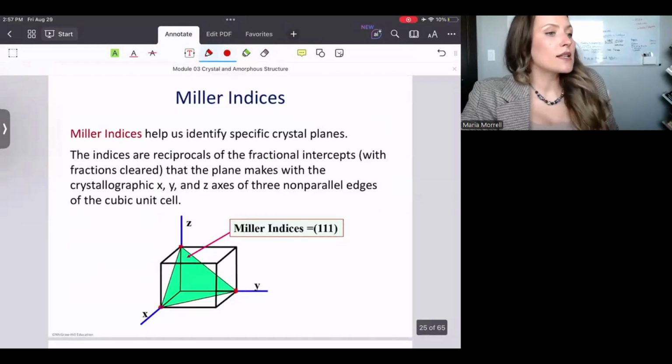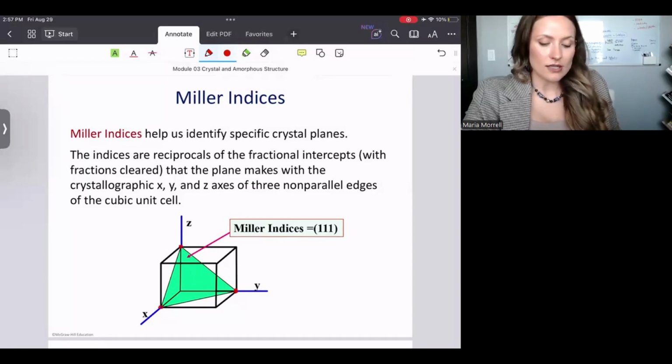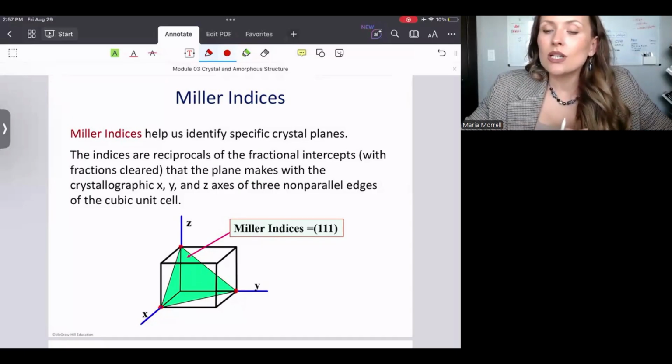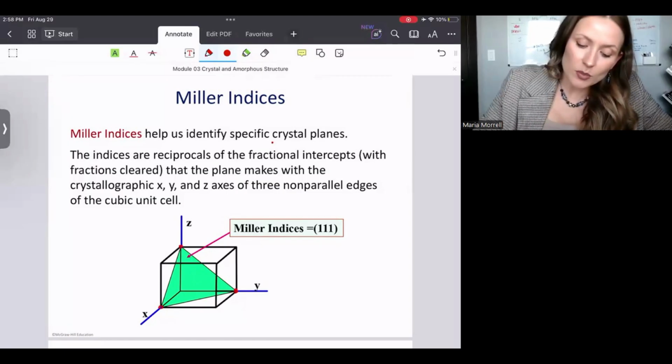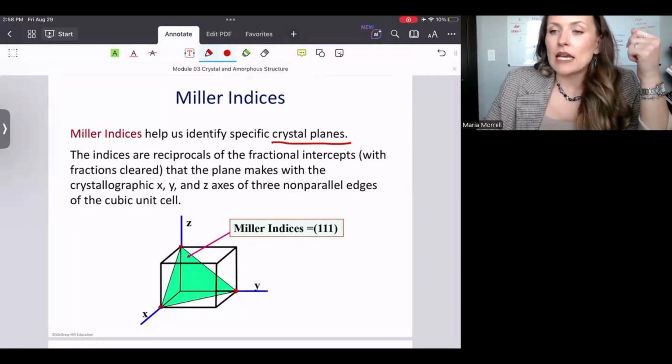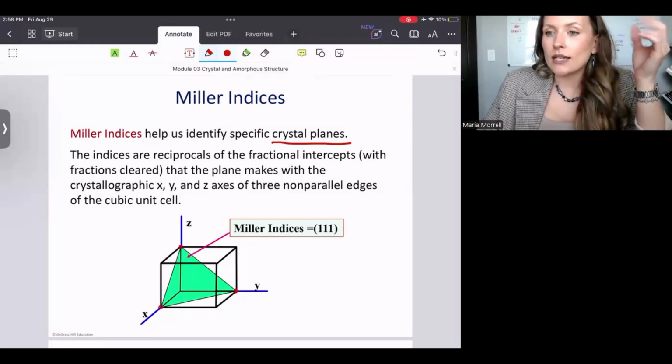Now, the last thing that we would cover today is a few more Miller indices. So sometimes you need to identify the crystal planes, and you're looking at an example of such a plane. Instead of direction, we need to identify the planes.